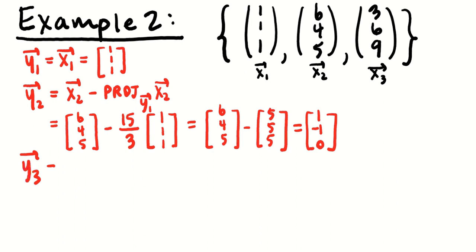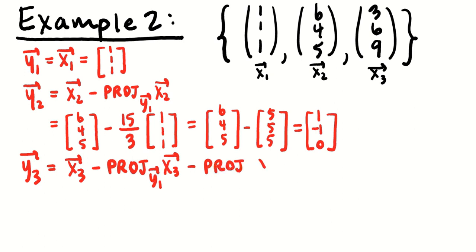Then y3 is going to equal x3 minus the projection of x3 onto all the ones that came before it. So the projection of x3 onto y1 minus the projection of x3 onto y2. All right, well, we can do that. x3 is 3, 6, 9.